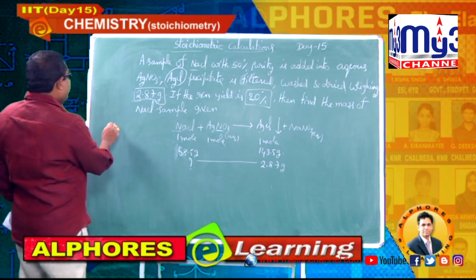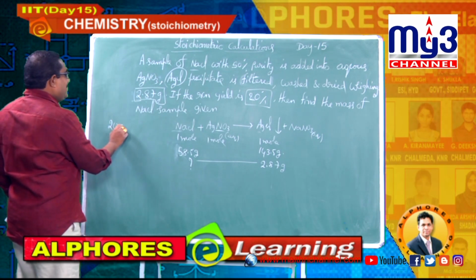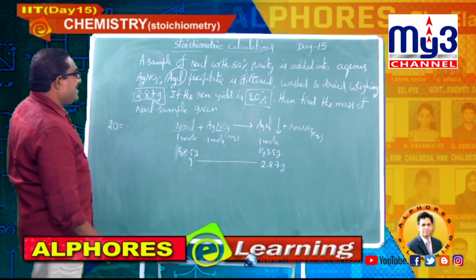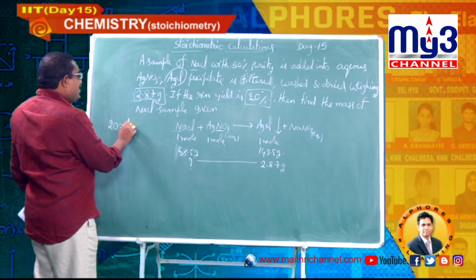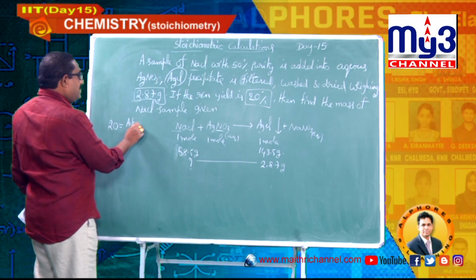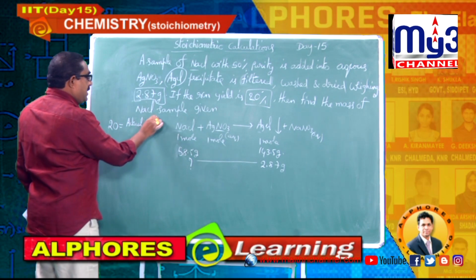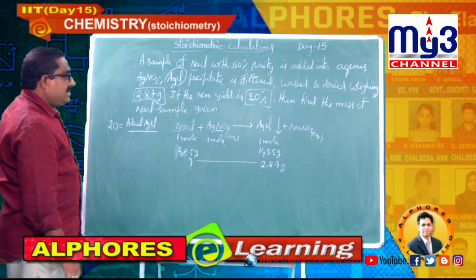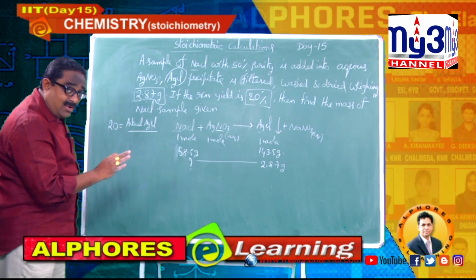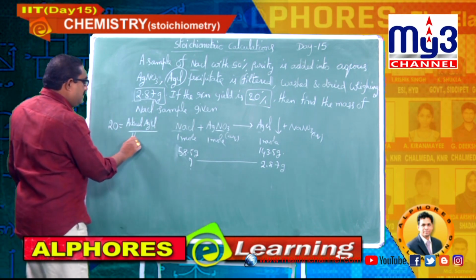Let me write here: 20% means 20 is equal to actual silver chloride by theoretically calculated silver chloride.